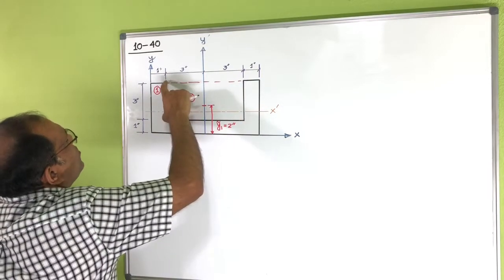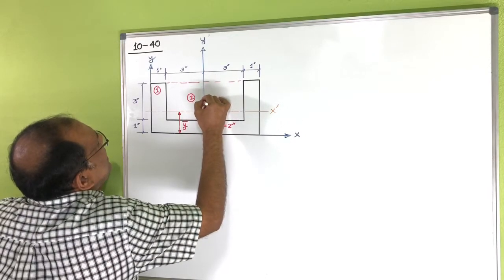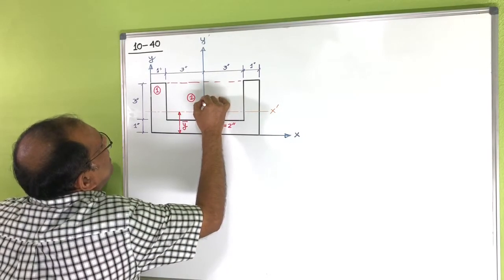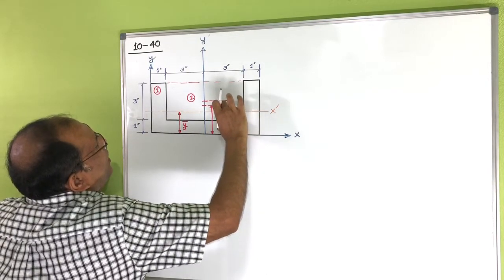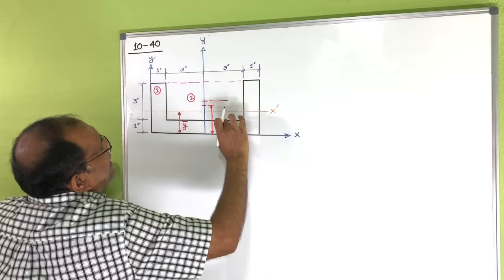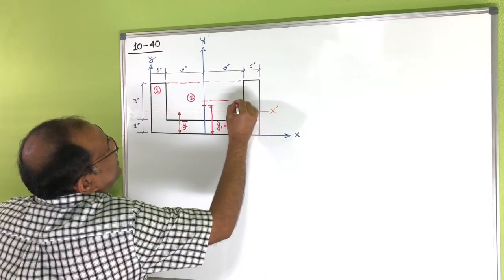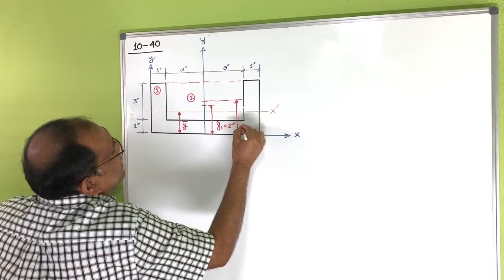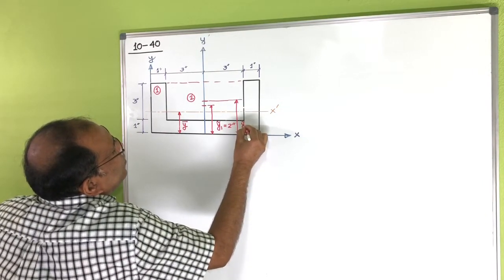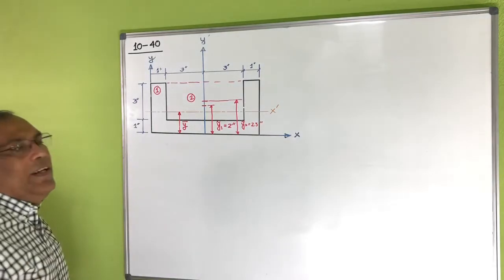So this one is 3 inch, so my centroid would be somewhere here, which is 1.5 inch here. And if I measure that from here, that would be 2.5 inch. So y tilde 2 is 2.5 inch.